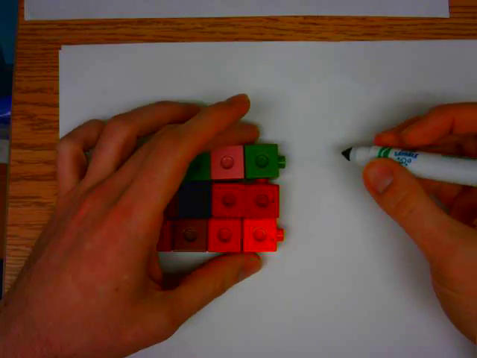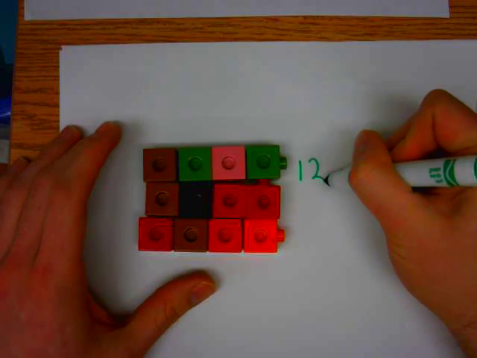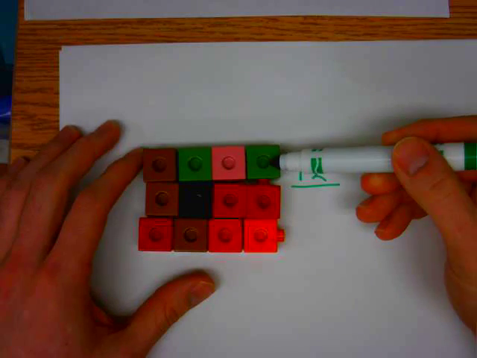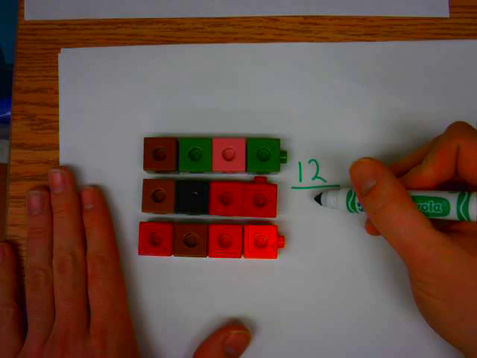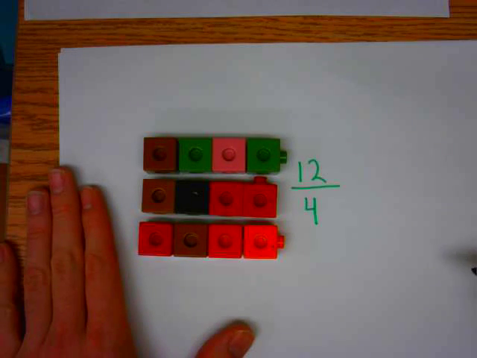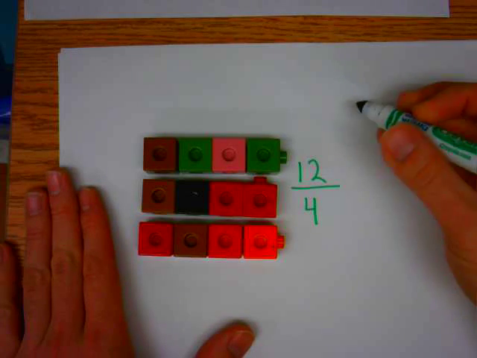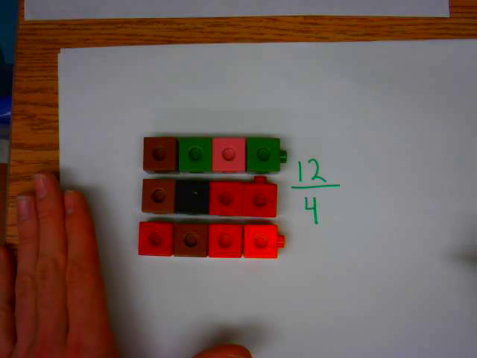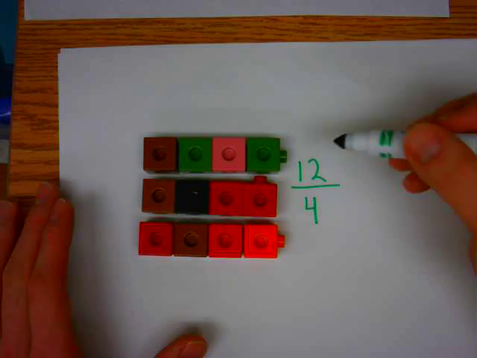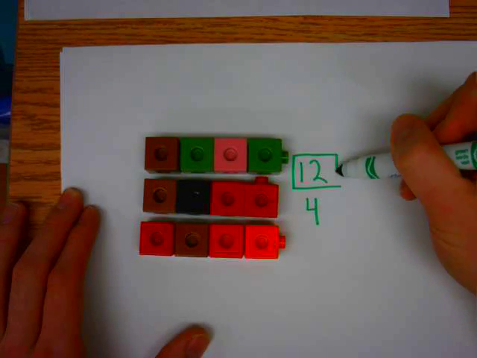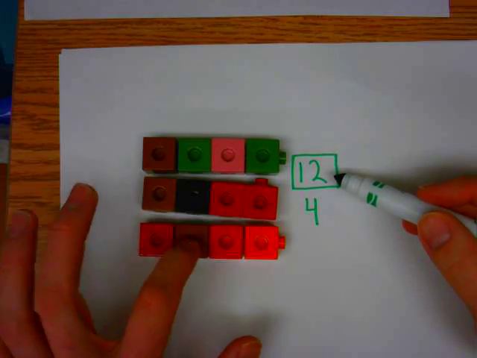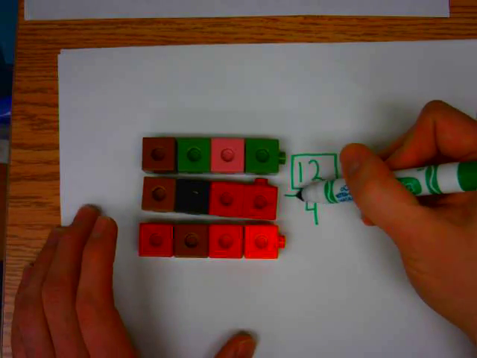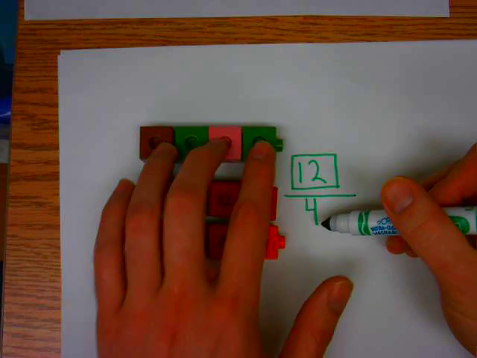We have a total of 12 pieces, and we're grouping them up by 4s. So 4 pieces, 4 pieces, 4 pieces, and so our denominator is going to be 4. This is called an improper fraction. It's improper because our number on top is larger than our number on the bottom. What this tells us is that this is our total number of individual little pieces, 1 through 12, and that we're grouping them up into groups of 4. 4, 4, 4.